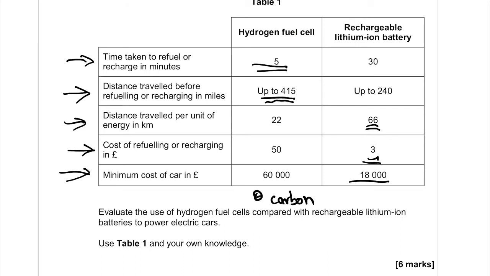You can also name the company Tesla, as their electric cars are probably the most common in the world at this moment in time. And the argument for the carbon production is that you can also fuel your car with solar panels, and you can argue that hydrogen for fuel cells is made from fossil fuel.